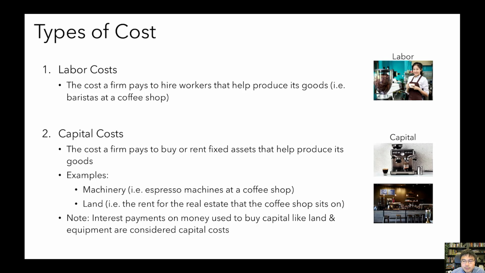Something that's important to note is that if a firm borrowed money in order to pay for its capital, for example, if a newly started coffee shop borrowed its initial money that it used to buy its espresso machines and its coffee roasters, then the interest payment on those loans would be considered a capital cost. And so for this reason, you're often going to hear of the interest payments that a company pays on its loans. People sometimes call them capital costs.